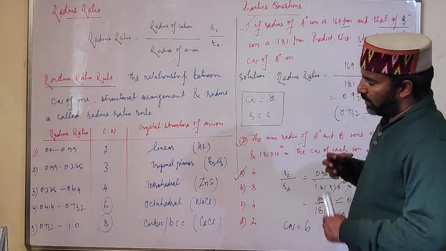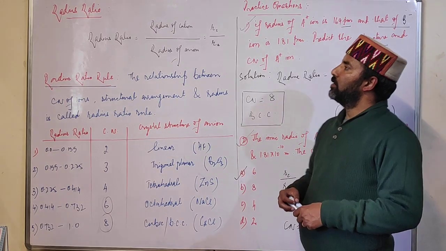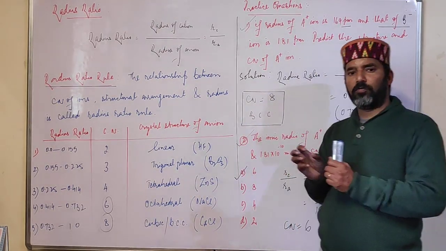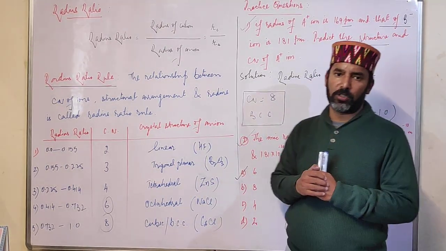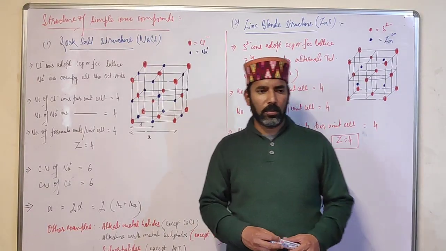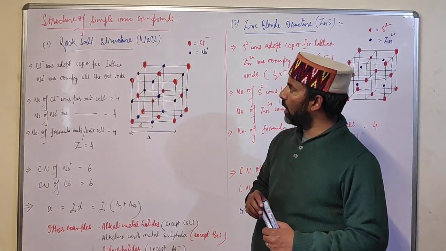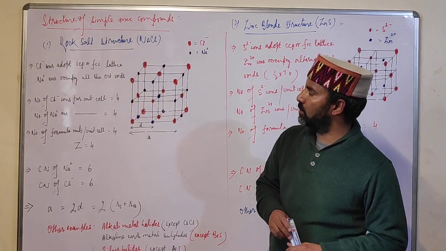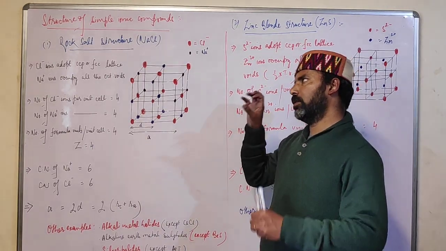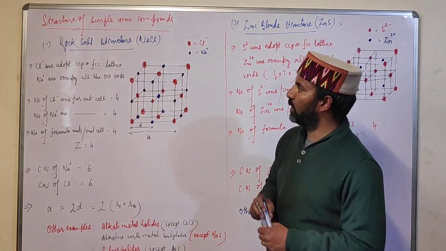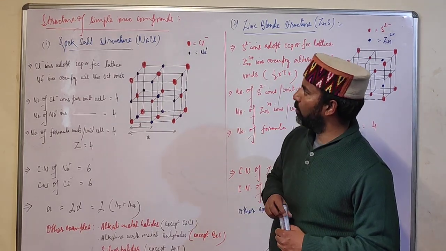Now students, we will discuss crystal structures of some simple ionic compounds. Students, the first type of ionic compound which we are going to discuss is rock salt structure, or NaCl.